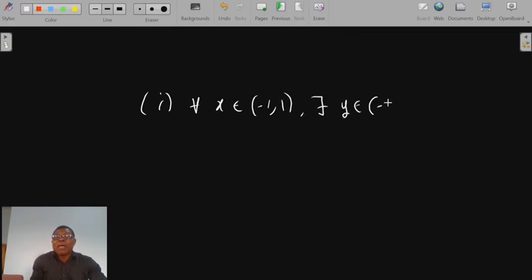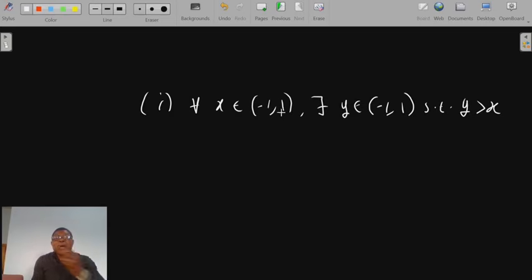The first one says, for any x we pick in (-1, 1), there exists y in (-1, 1) such that y is greater than x.